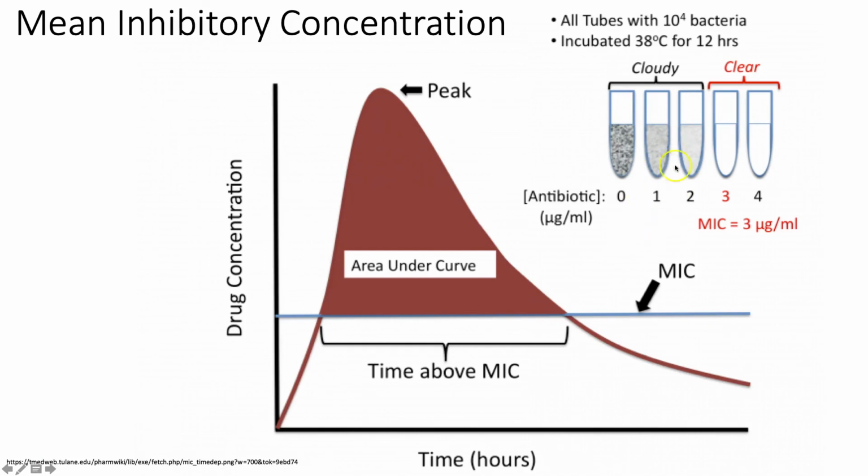I add 1 microgram per mL, and it's starting to get a little less cloudy, and the bacteria are dying, and then I double it, and I have even more, and then I triple it, and then I've actually completely eliminated whatever bacterial growth was there. Well, that's my MIC, or your minimum inhibitory concentration. So in this case, I would say, okay, how much did I have to actually use to inhibit that bacteria? Well, I had to use 3 micrograms per mL, or whatever it is. And we're going to see that more with antibiotics as well.